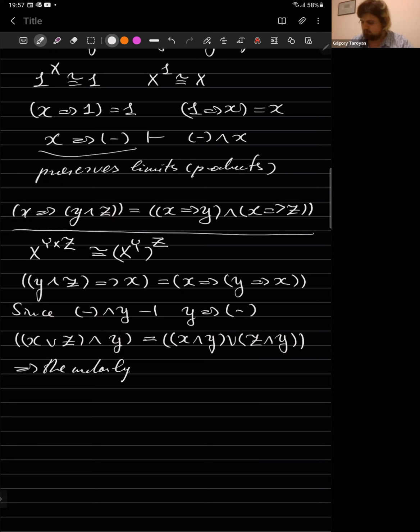A Heyting algebra is always distributive.